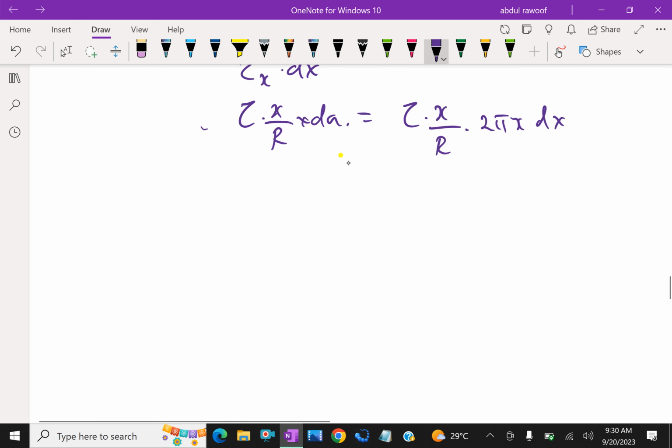Which is further equal to tau into x by r, and dA is 2 pi x dx. Here one more x is there, so it becomes 2 pi tau by r, x squared dx.